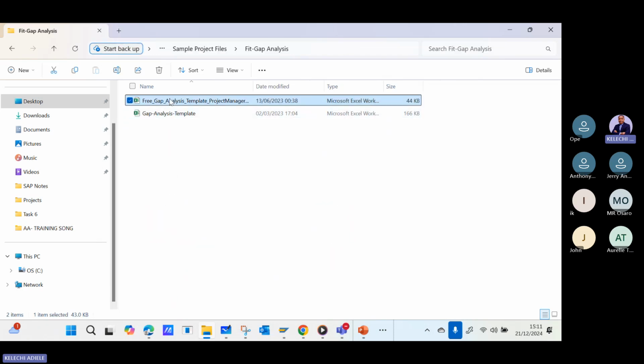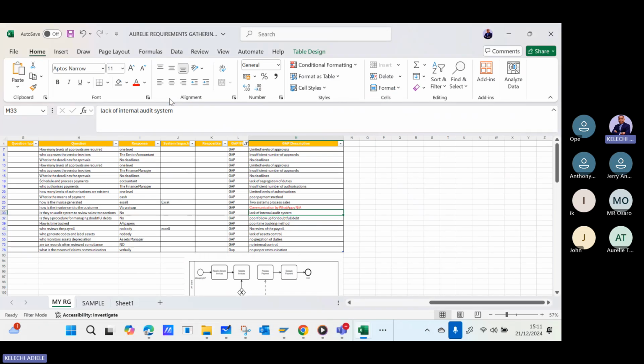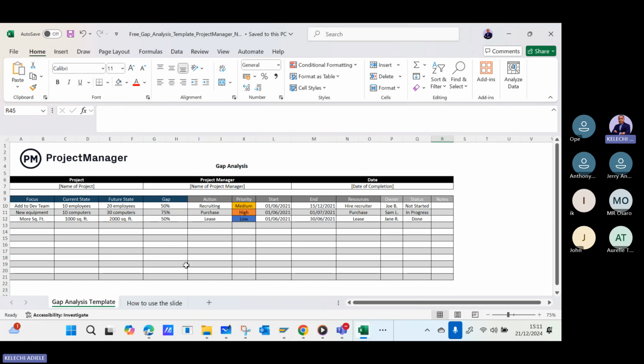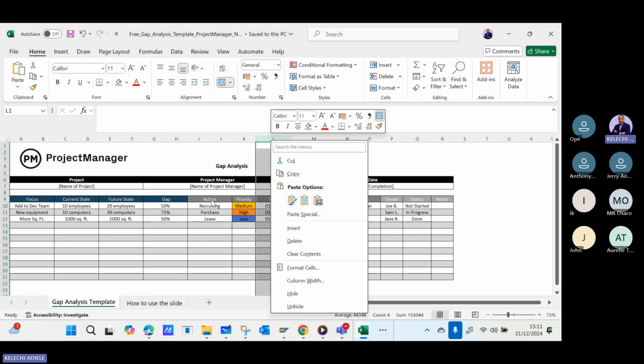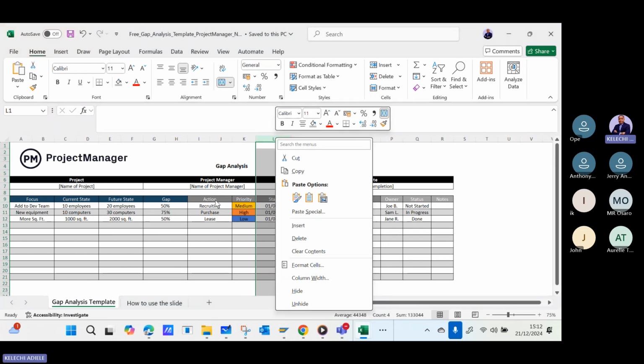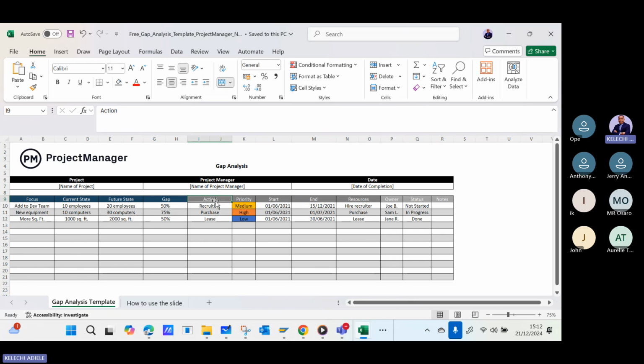Let's look at this template. For all these gaps, I'll show you an example, then we'll take it up from there. I'm also going to add a column, action, and here, RISEF.